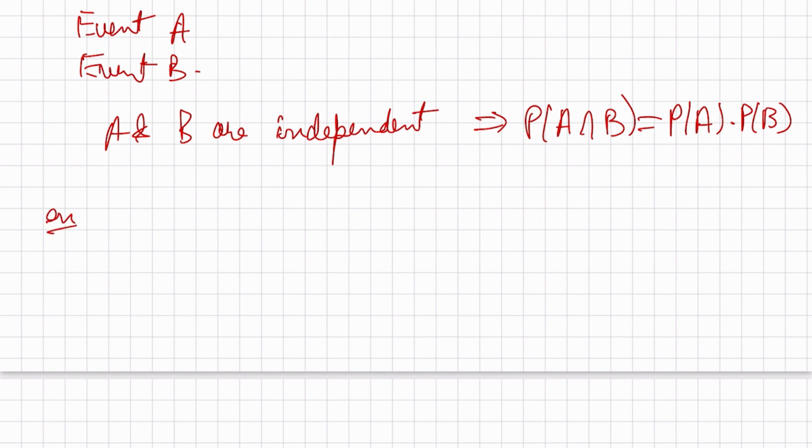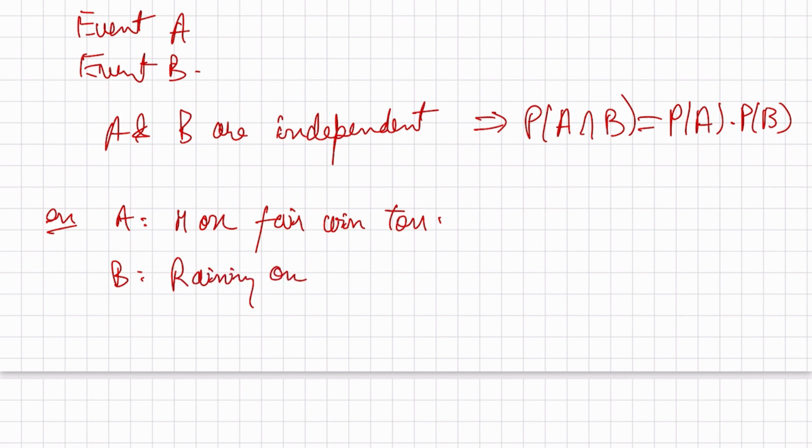For example, let's say A is heads on a fair coin toss. That's event A, and event B is raining on that day. So there are two events. One is basically you toss a fair coin on a given day, and also the probability that it rains on that day.